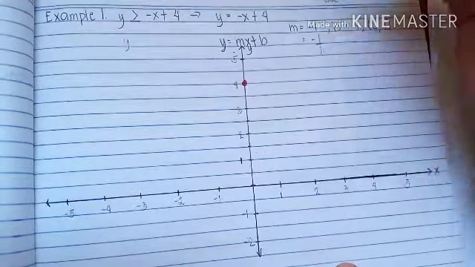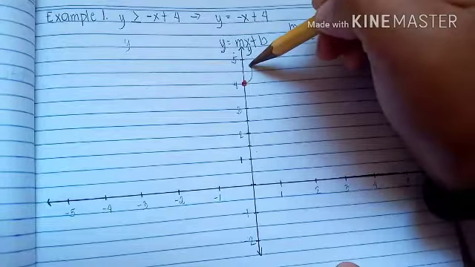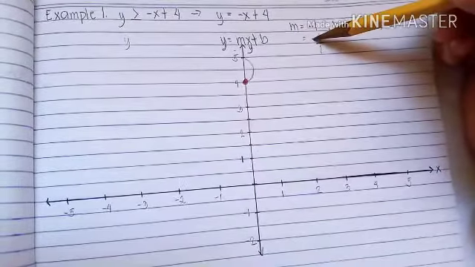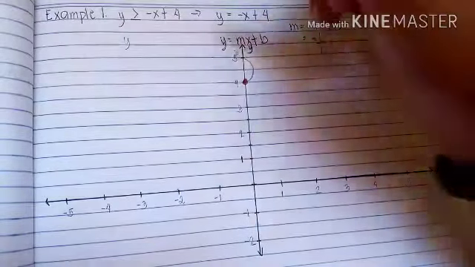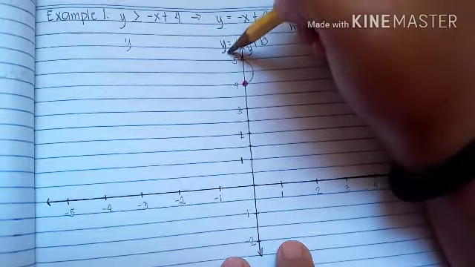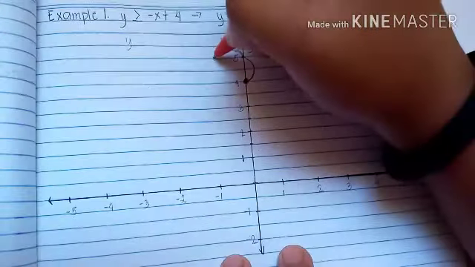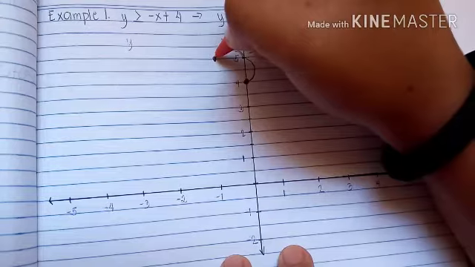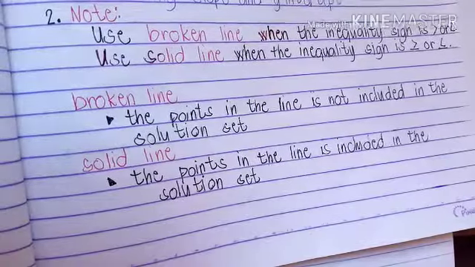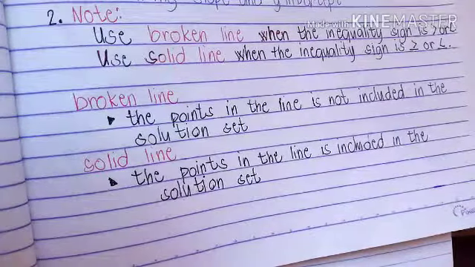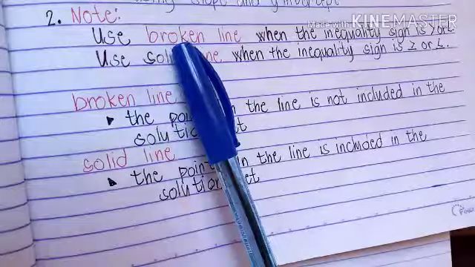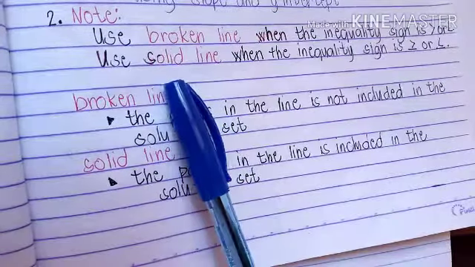We're going to rise 1, and we're going to go to the left 1 since it's negative, and that would be our second point.